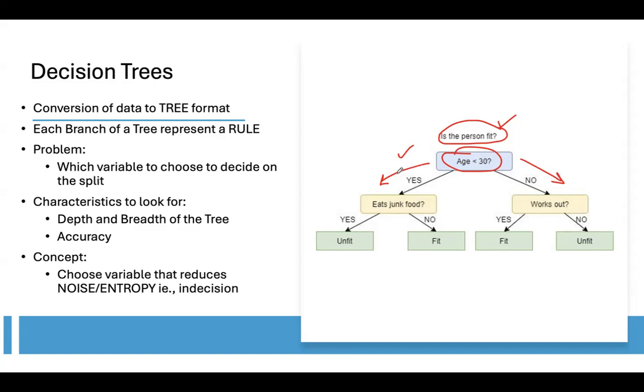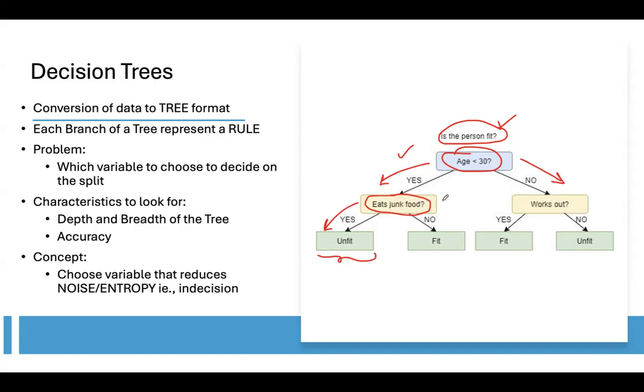If it is not enough to decide whether a person is fit or not, then you ask a subsequent, second question. If you follow the left branch, the second question you ask is whether that person eats junk food or not. If the answer is yes, then you reach a decision which says that the person is not fit.